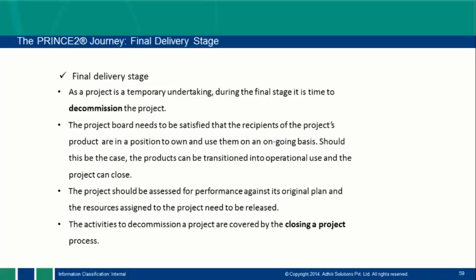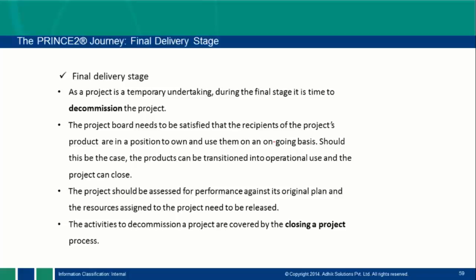If they are getting any problem related to the product, any end user issue or requirement, we need a team for that, that is my operation team. This is my ongoing process. After project close, we need operations for that, that is my maintenance. So this is my final delivery.